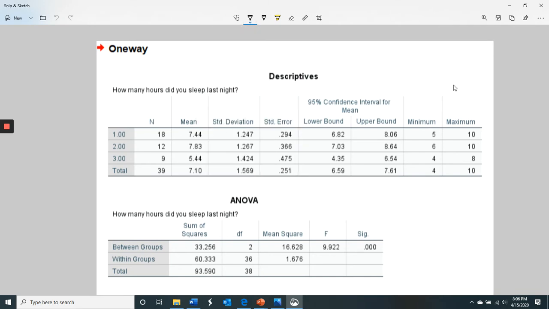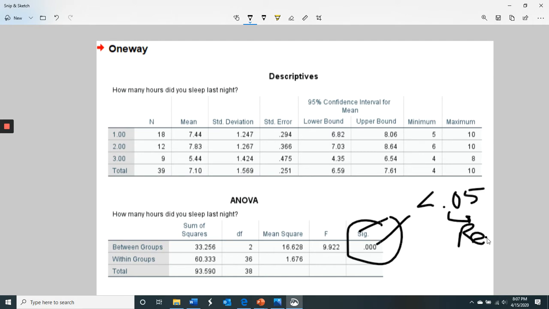So what do I do when I see an output like this? First thing I look for is this. I go straight to the significance, because I know that if this is less than 0.05, then we reject the H0. So my first question is, is there an effect?